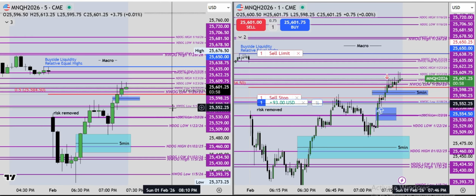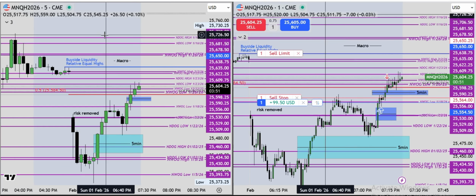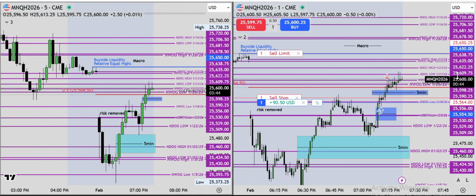So I'm watching where we close on that 5-minute candle. I want to see a strong close above that previous high to the left.